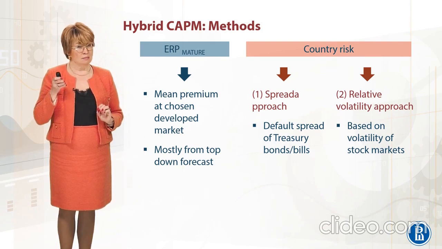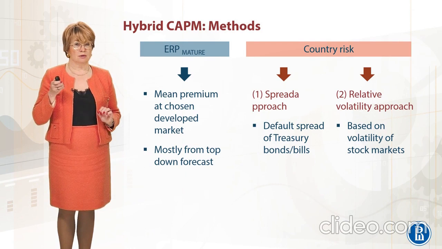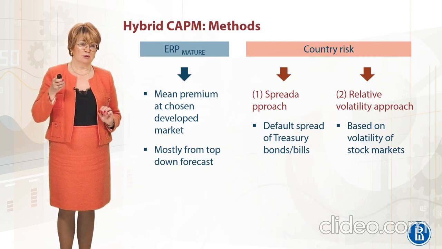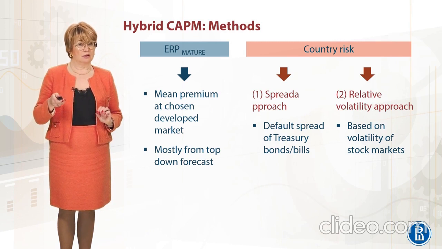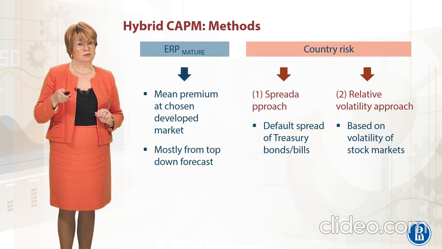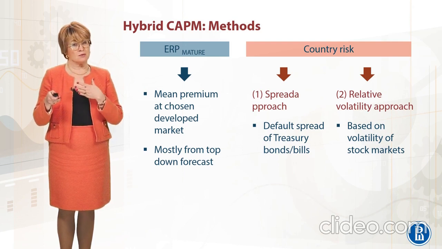And the second technical approach, how we can incorporate country risk in the hybrid capital asset pricing model, is based on the relative volatility, which is the volatility of the local stock market compared to the benchmark developed capital market stock index.